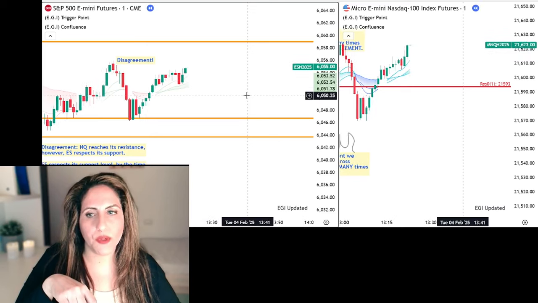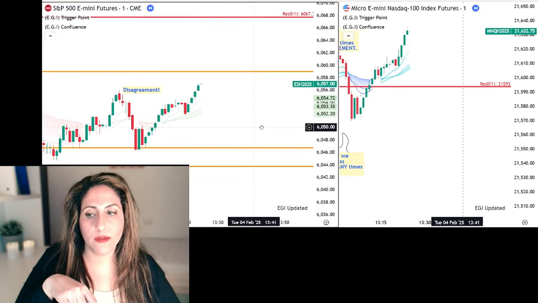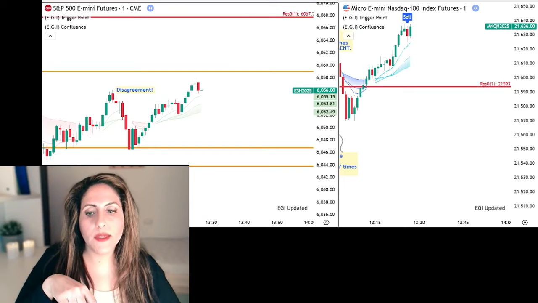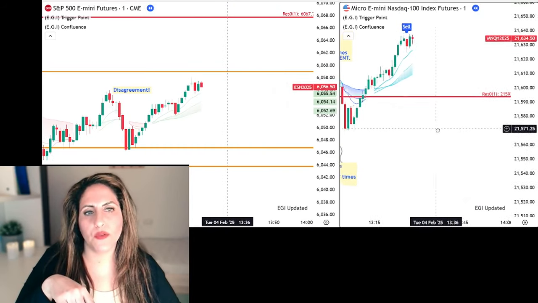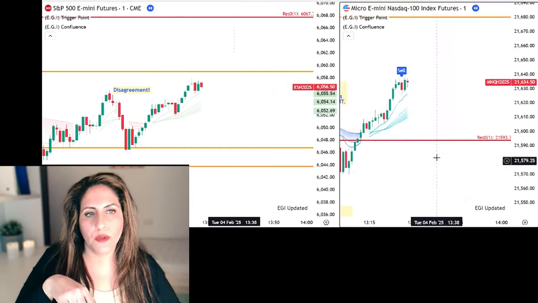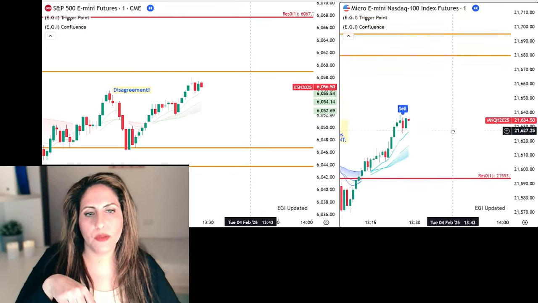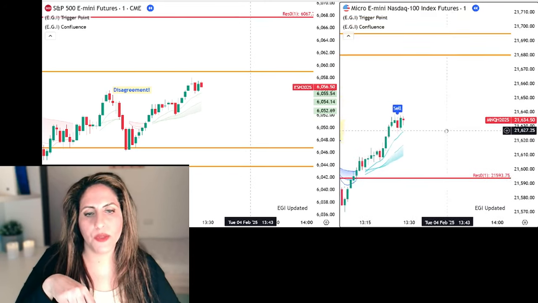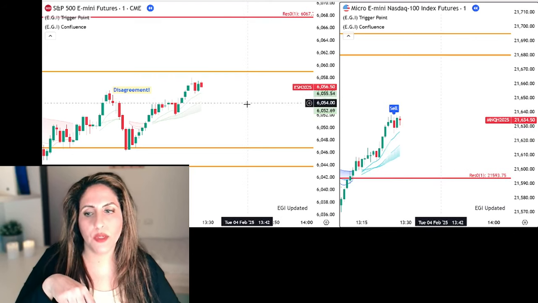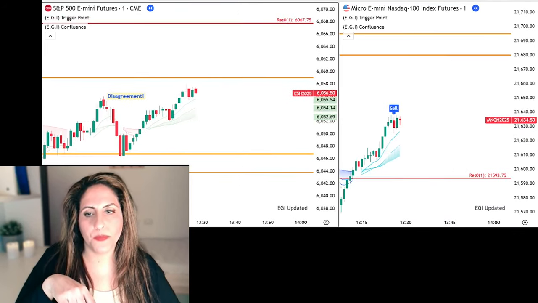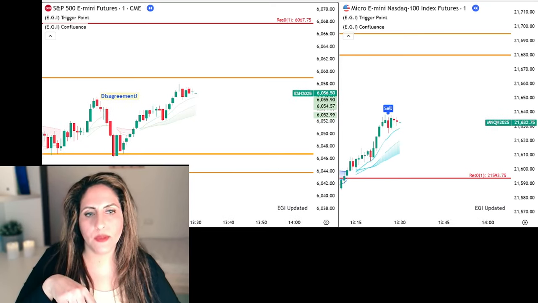NQ is the follower. Although it's more volatile, ES is the leader. ES is the leading indicator for NQ. Now there's going to be a very interesting scenario here because both are reaching the trigger point. Let's see what happens.